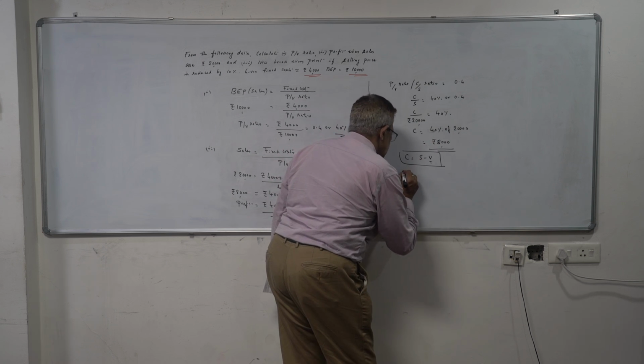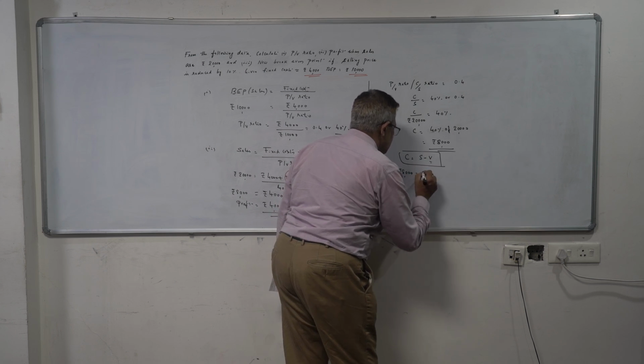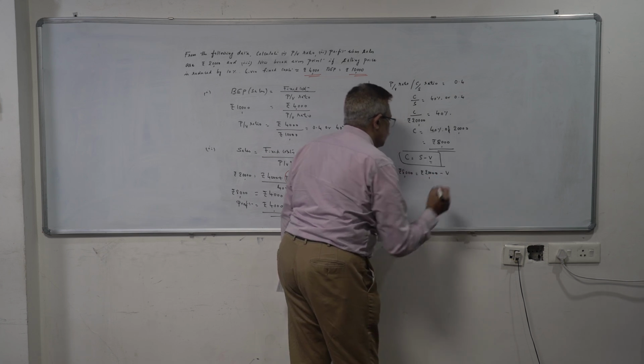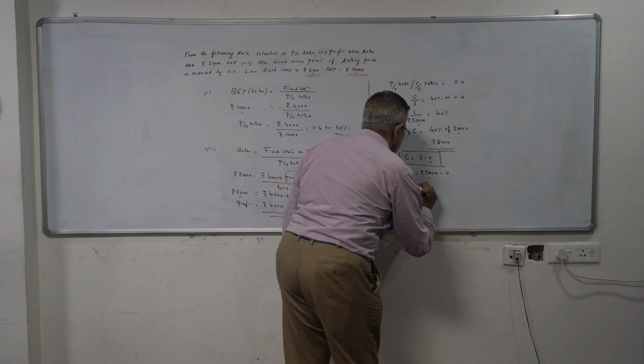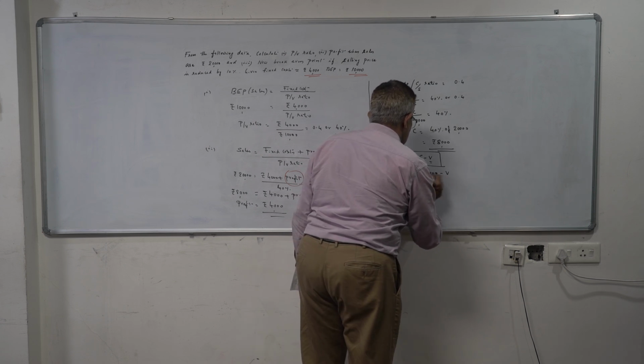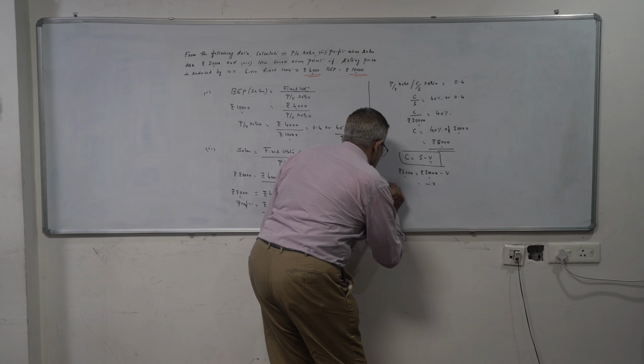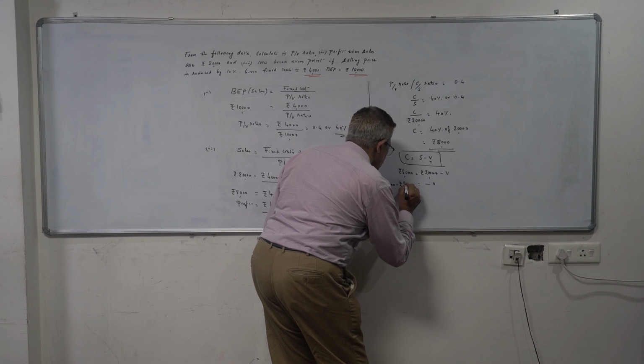C is rupees 8,000 and S is rupees 20,000, and we can find out the V. So minus V is nothing but equivalent to rupees 8,000 minus rupees 20,000.